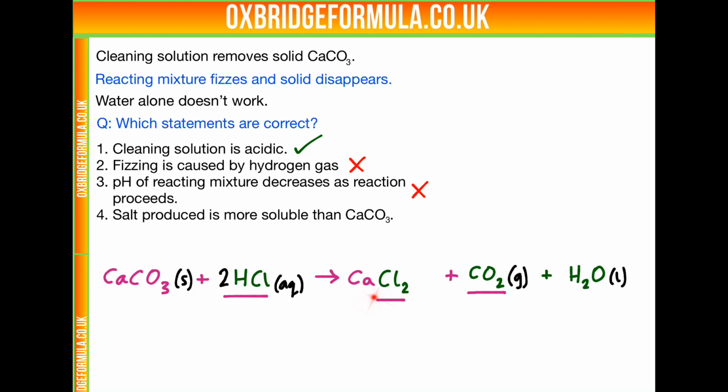But we know that ionic compounds of this nature generally don't form gases, and so this must be in the dissolved phase. So the salt that's produced is dissolved in water, and therefore it must be more soluble than calcium carbonate, as the statement says. So we've identified that statements 1 and 4 are both correct and 2 and 3 are wrong, and this corresponds to an answer of C.